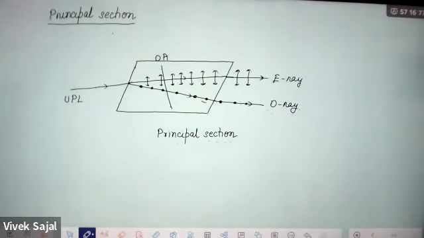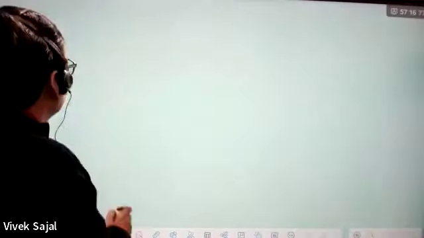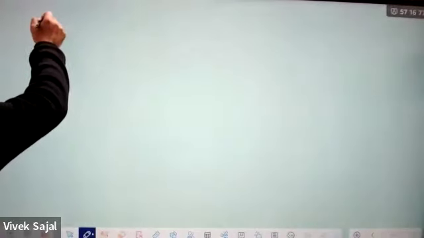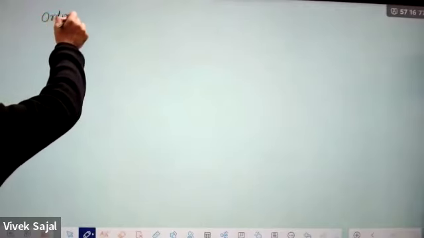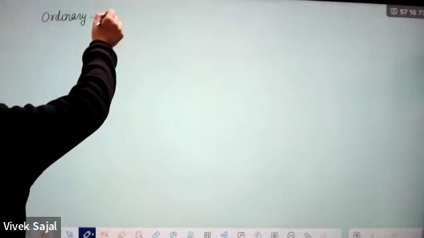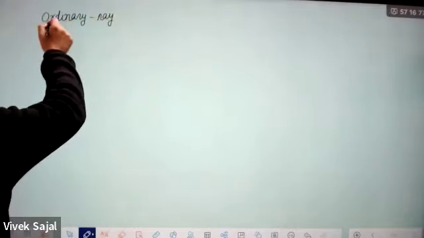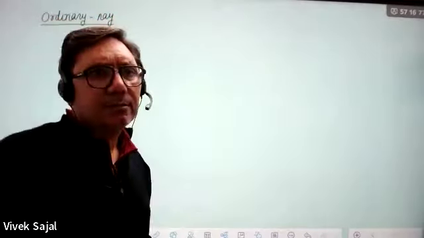Now, next topic is ordinary and extraordinary ray. So first is the ordinary ray. This is the simple ray, the ordinary ray. The ordinary ray is that ray which you are going to observe in other cases also.